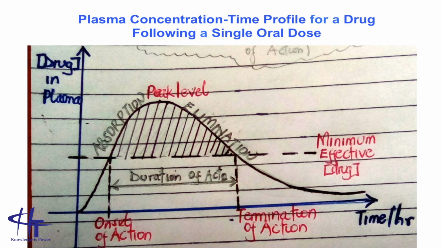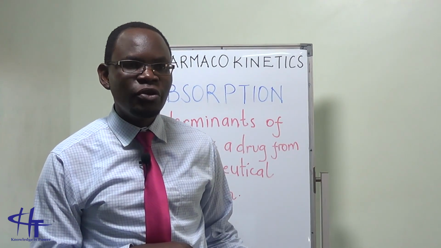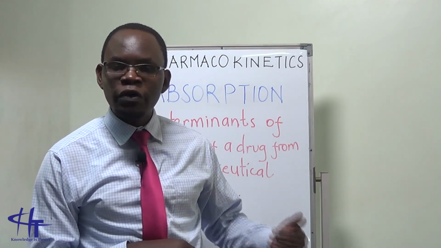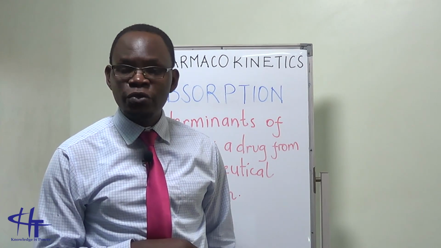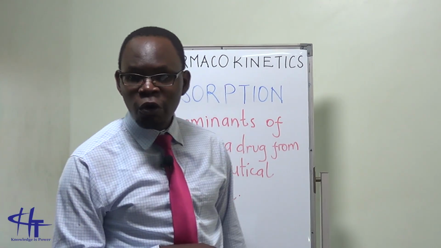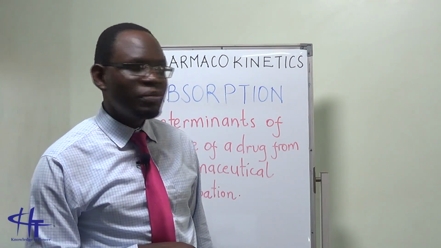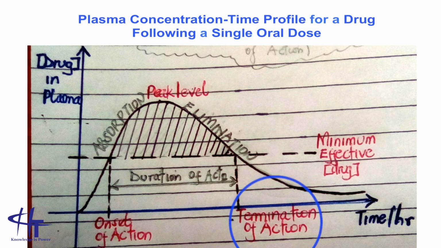A time will come when it will terminate its action. In other words, if you took this paracetamol for pain, a time will come when the pain will come back. That is why it is recommended that you follow the dosing. If you have to take it 3 times a day, then you have to do the same, because a time will come when the action of the drug will be terminated. And that is what we refer to as the termination of action of this drug.